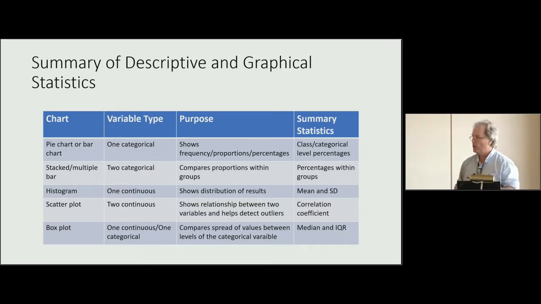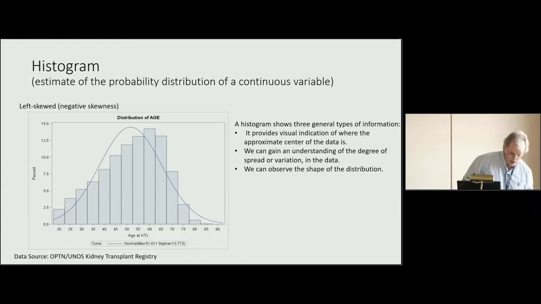But it's really, really important. So the histogram shows 3 general types of information. It provides a visual indication of where the approximate center of the data is. We can gain understanding of the degree of spread or variation in the data. And we can observe the shape of the distribution.